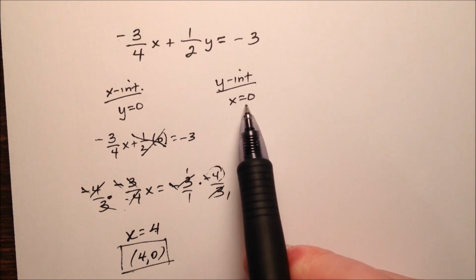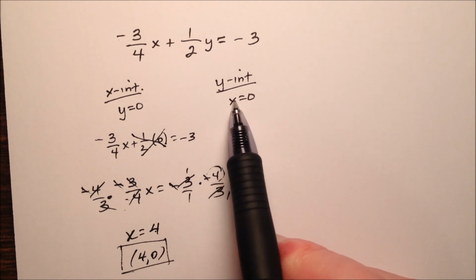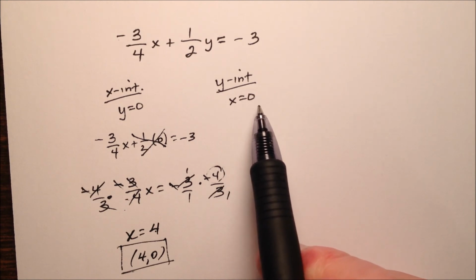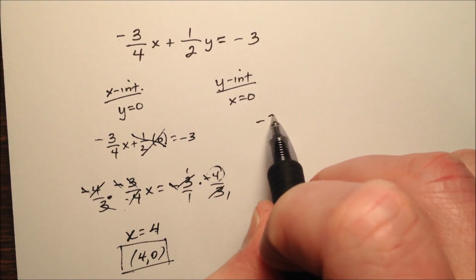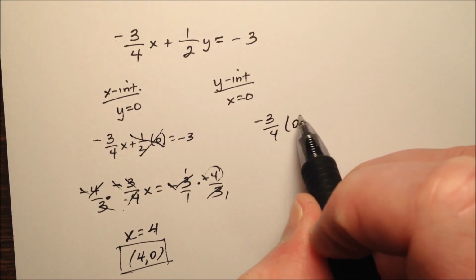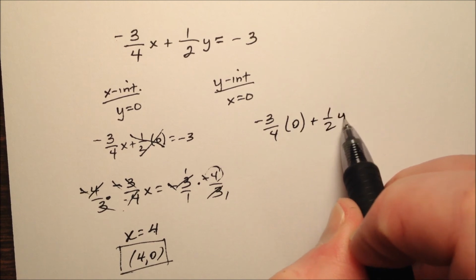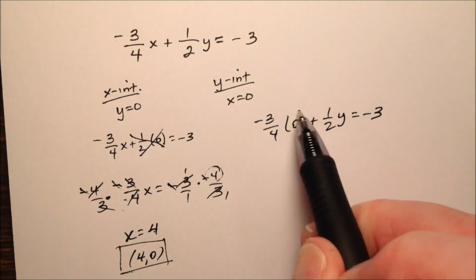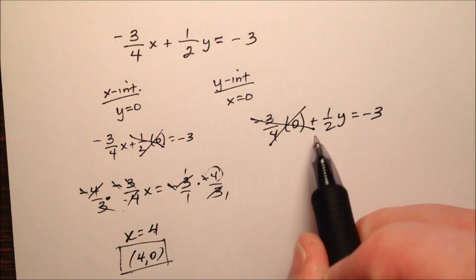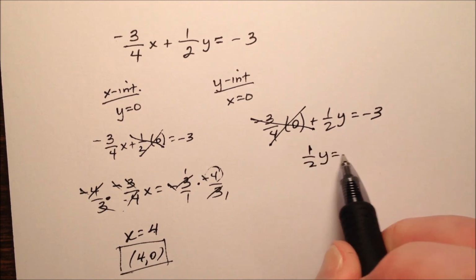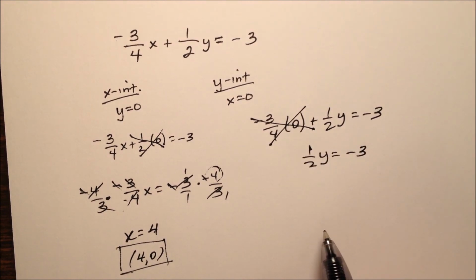My y-intercept is going to be located when I substitute x for 0. So when I do that, that term cancels out, and I'm left with 1/2 y equals negative 3.